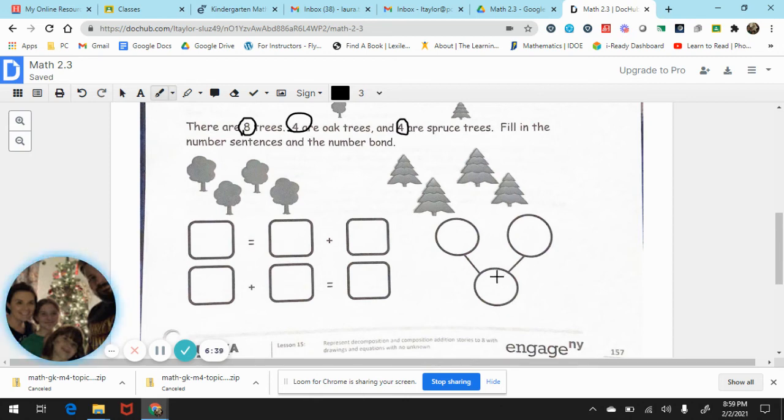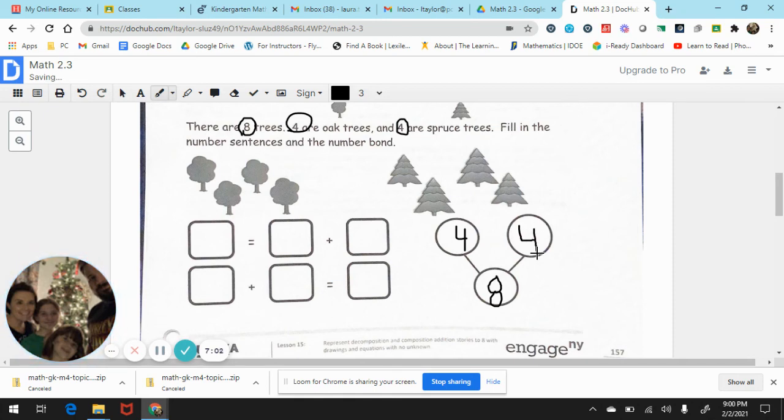Right, 8. So 8 is my whole number. And I know that my whole number goes here because look, there are 2 lines that are pointing to this circle. All right, there are 8 trees. 4 are oak trees. And how many did they say were spruce? 1, 2, 3, 4. 4, good job.